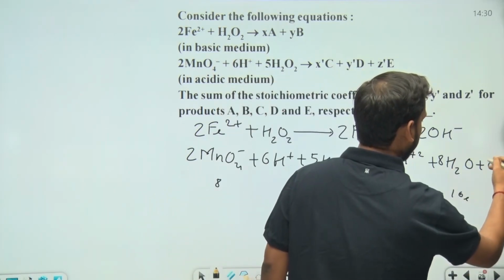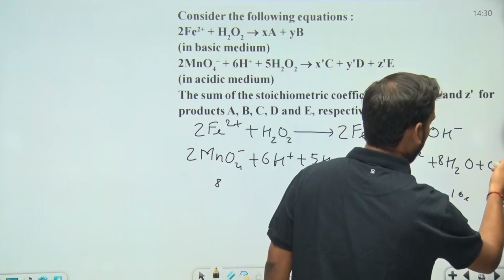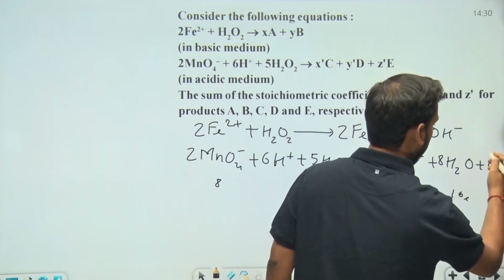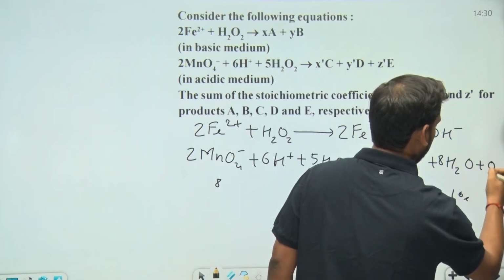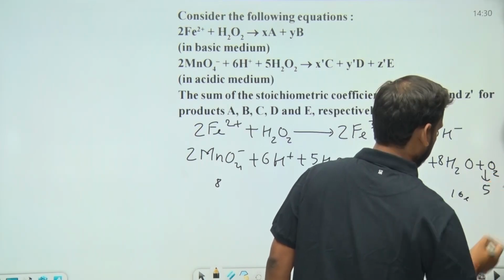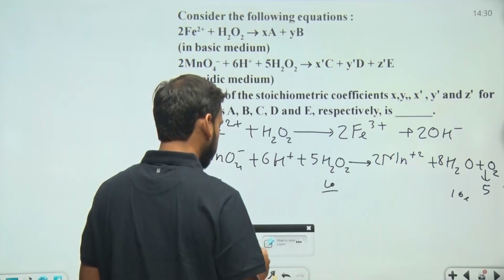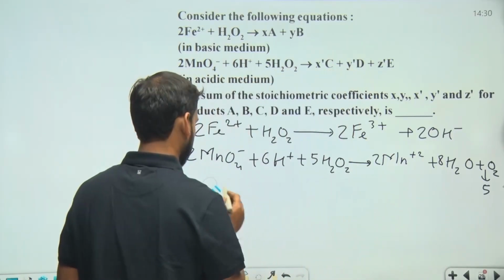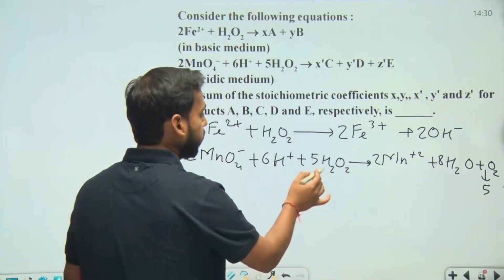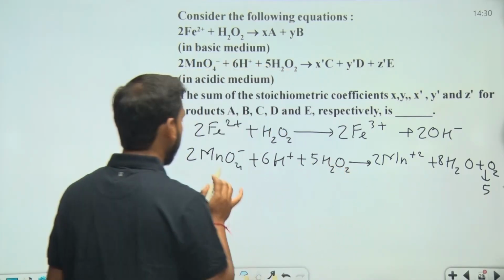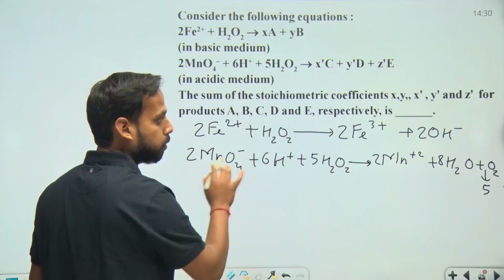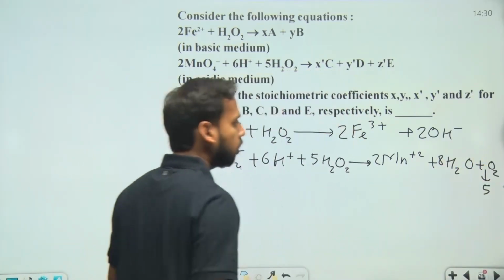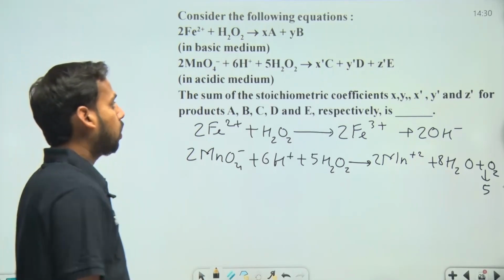So if I do here 4 into 2, 8, it will become 16, and this will be 5 here. So here oxygen is 5 into 2, 10, and here 8, so it will become 18, and the other side is also 8 and 10, so it will become 18 on both sides.